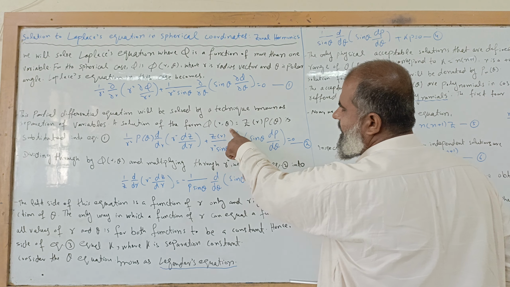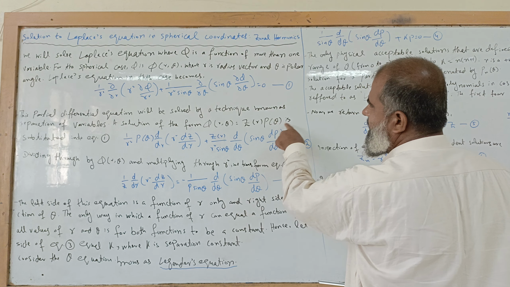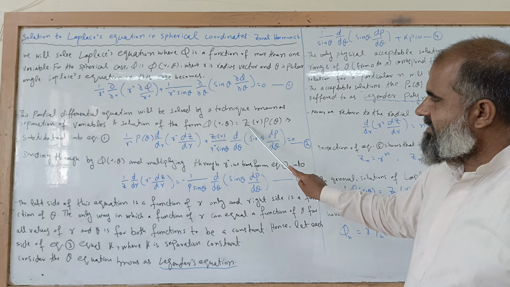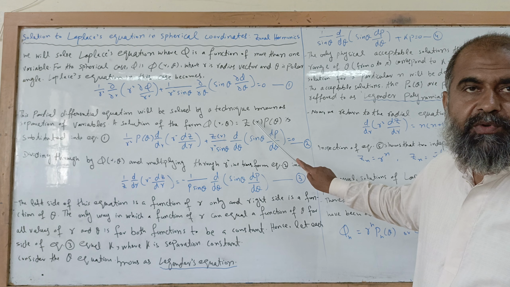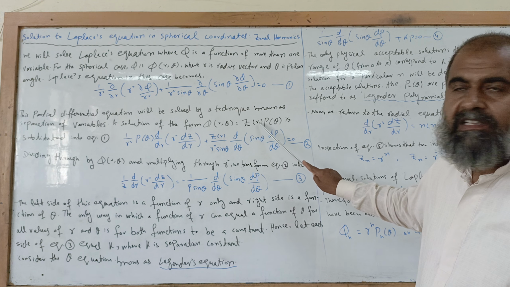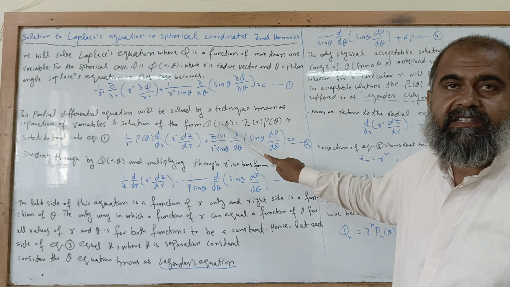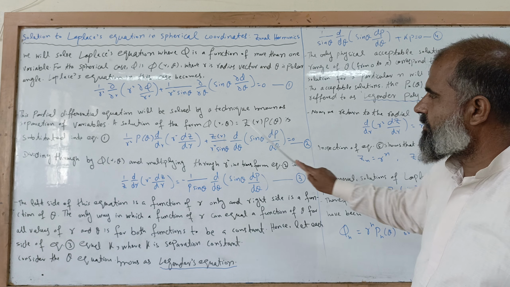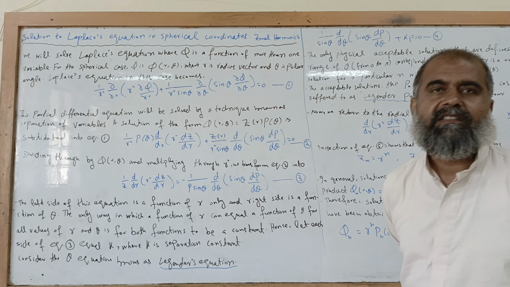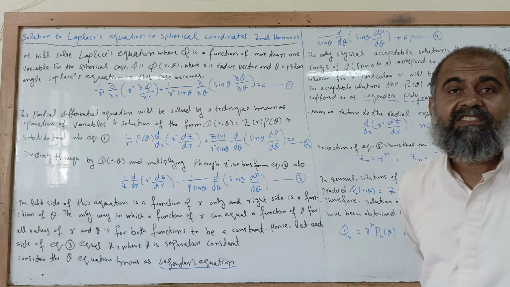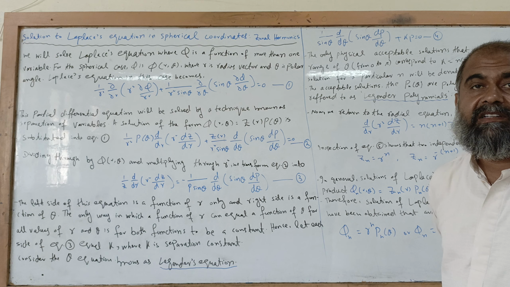Phi of r, theta is equal to Z(r) P(theta). The first component is related to the first coordinate, and the second component corresponds to the second coordinate. So this is the separation of variables method.